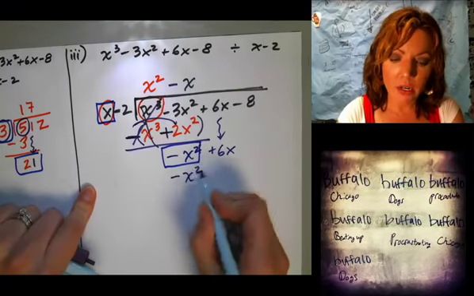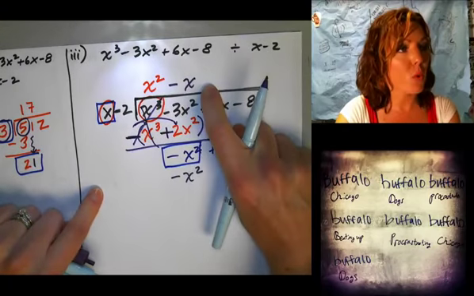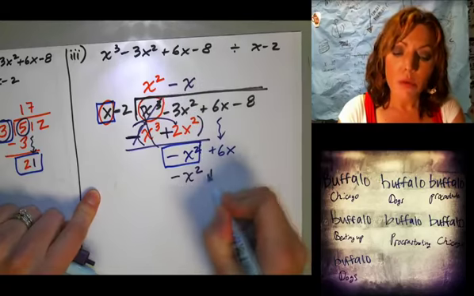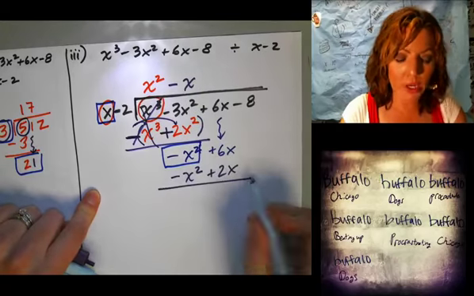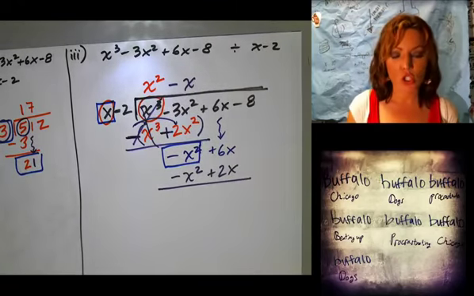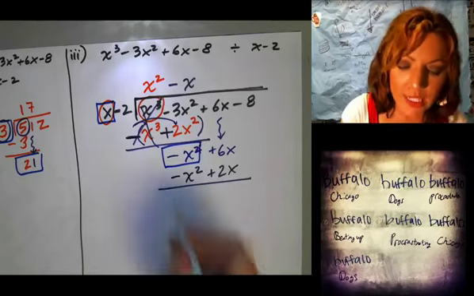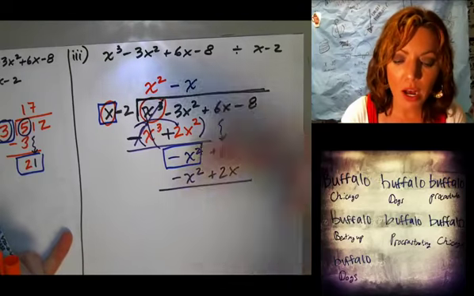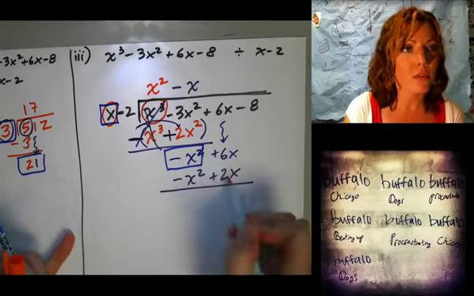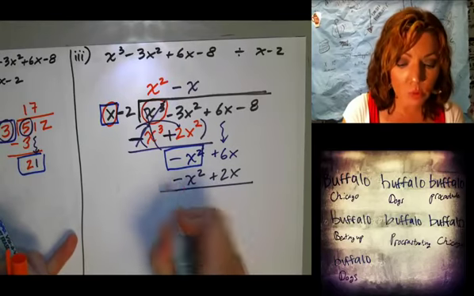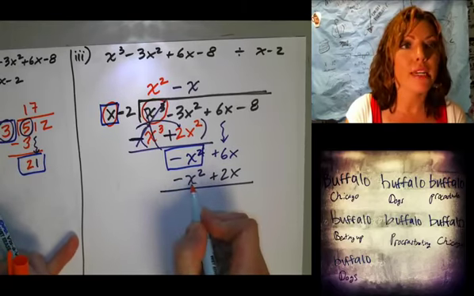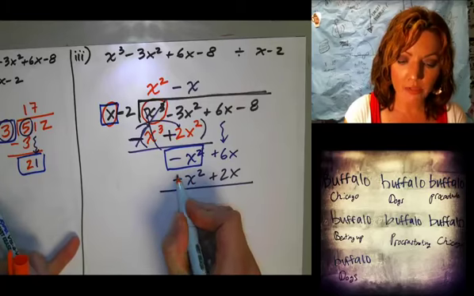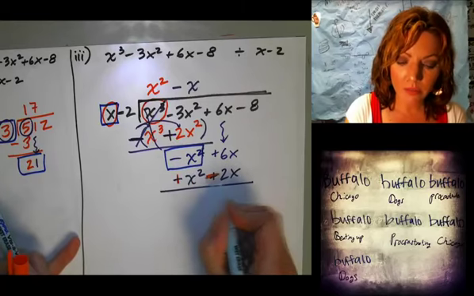Negative x squared. Negative 2 times negative x is what? Positive 2x. If we are subtracting all of these from what's above, what do we have to do with the signs? Distribute a negative, and when we distribute a negative, what happens to the sign of this? Positive. This one becomes a negative.